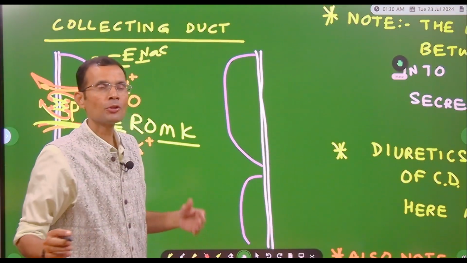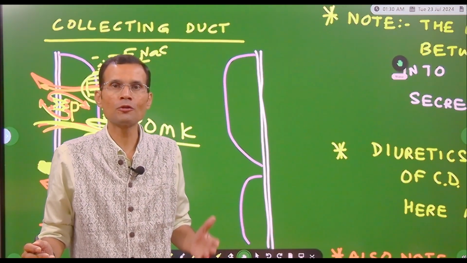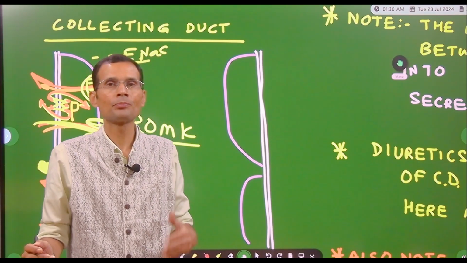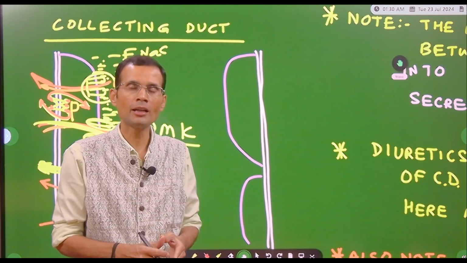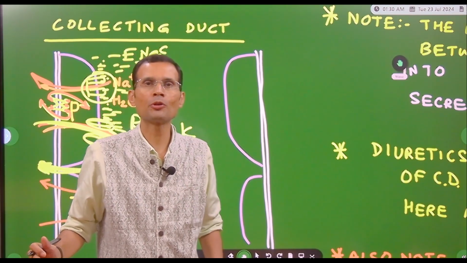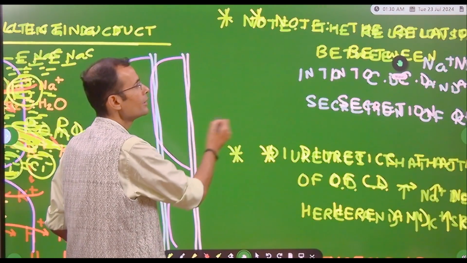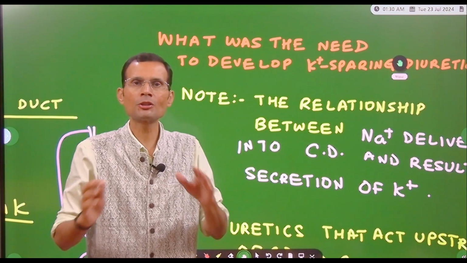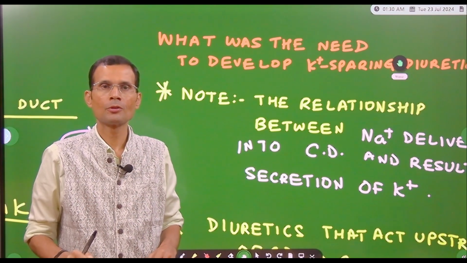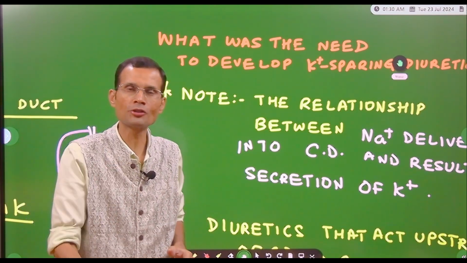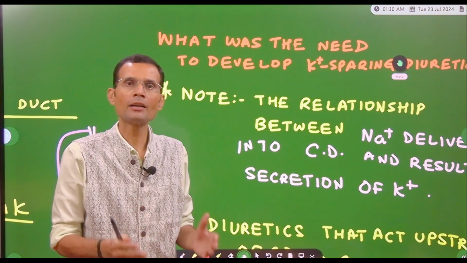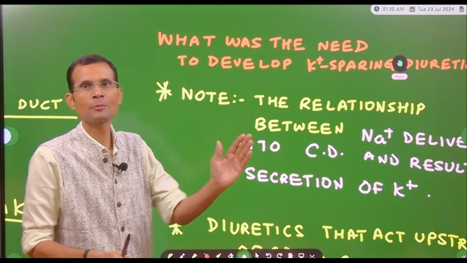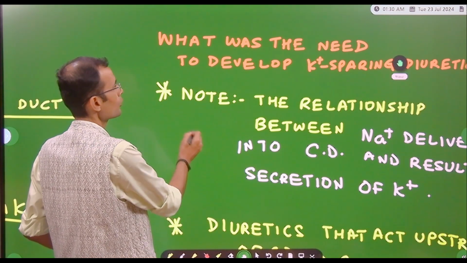So there was a side effect of potassium lost into the urine, resulting in hypokalemia, sometimes dangerous hypokalemias. That was the need; they thought of developing some diuretic which spares the potassium, which does not cause potassium to be lost into the urine, and that's why the potassium sparing diuretics were developed, possibly.